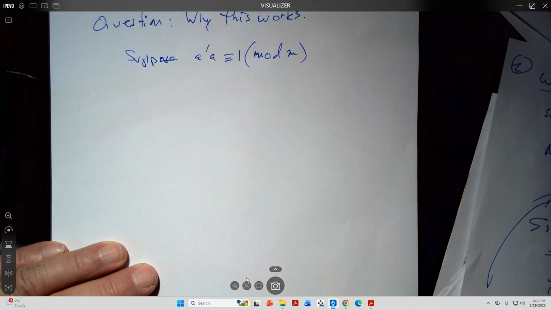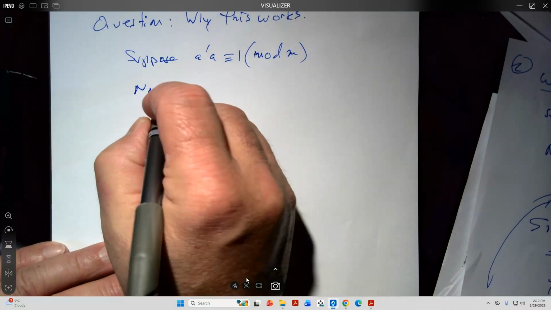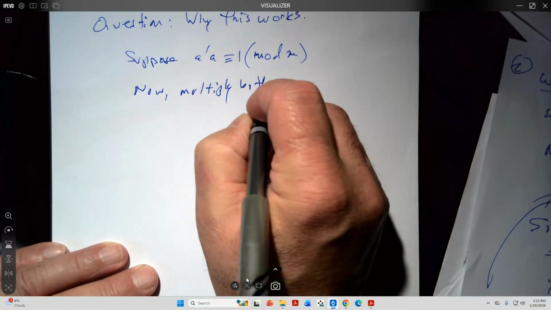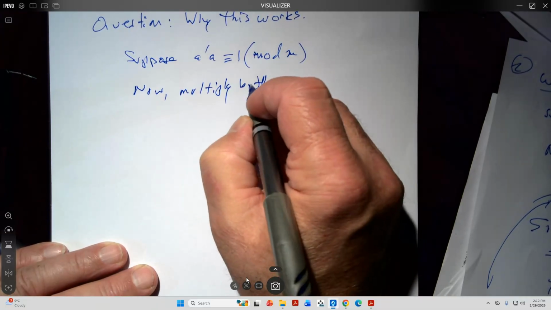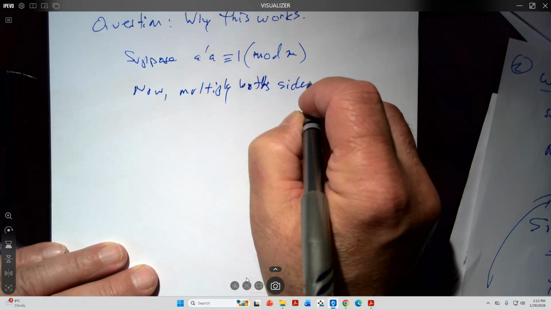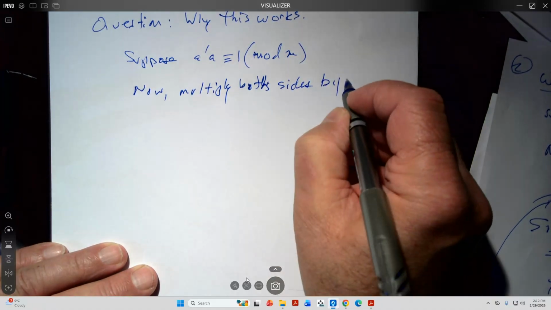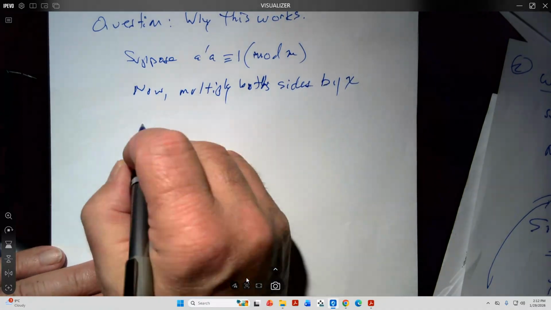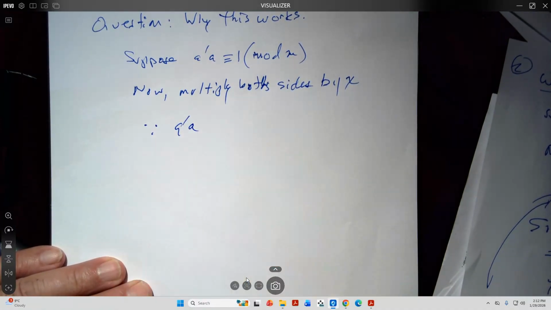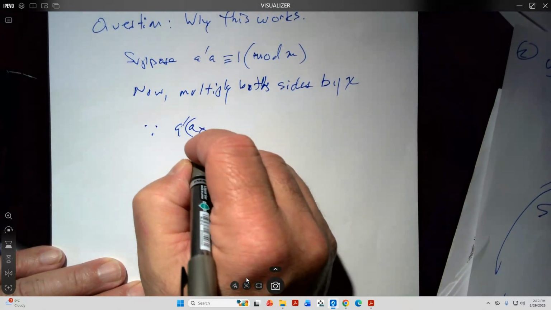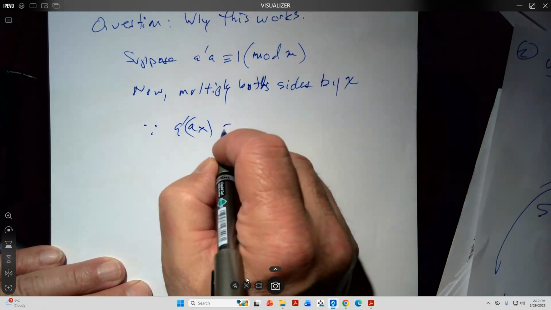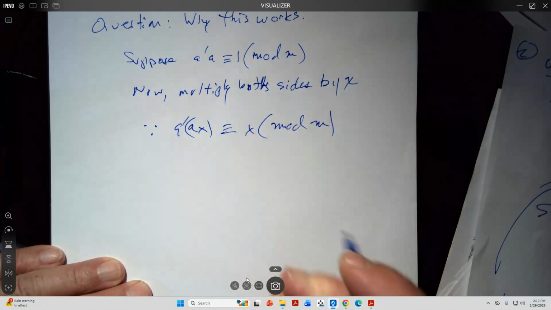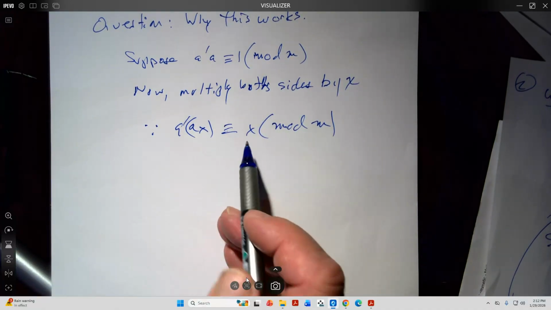Now multiply both sides by X. Why would I do that? Because I get this result: A prime times A times X is congruent to X mod M. Now, what's the point of that?